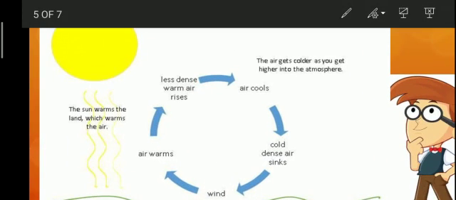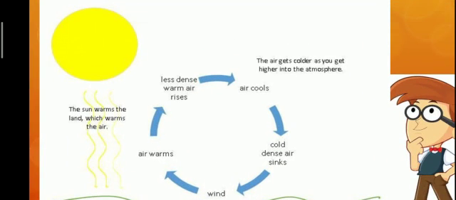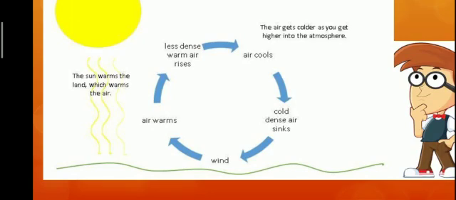What is happening over here is that the sun is warming the land. The particles of the air on the land will absorb that heat energy given by the sun, and ultimately they will become less dense.